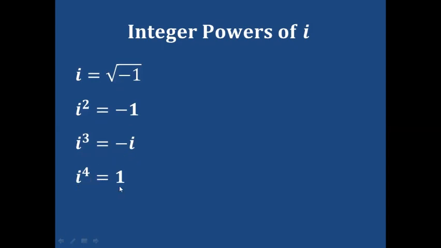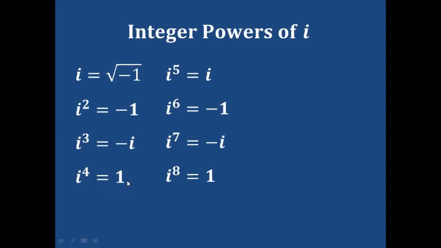Now you may ask, what is i to the power 5? Well, let's check that out. i to the power 5 is actually equal to i. And this is possible because to get to i to the power 5, we just have to multiply i to the power 4 by i.